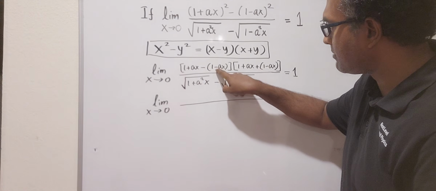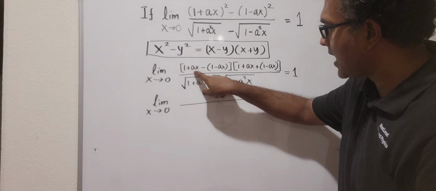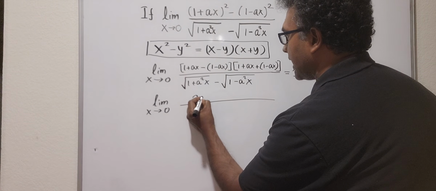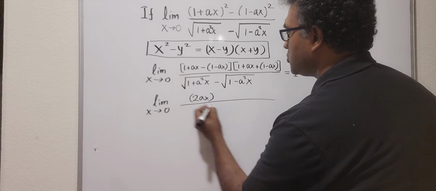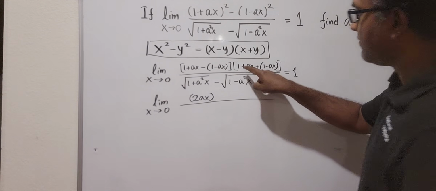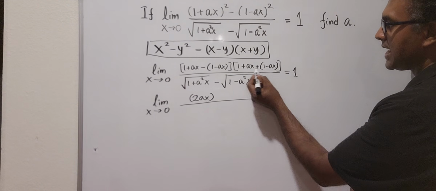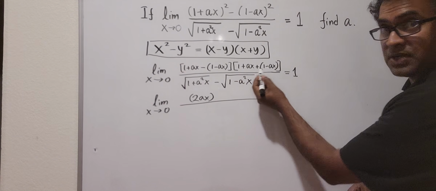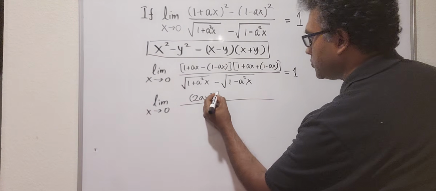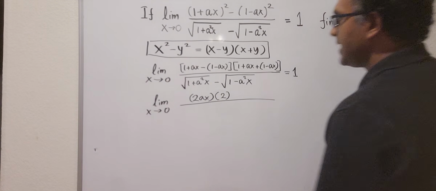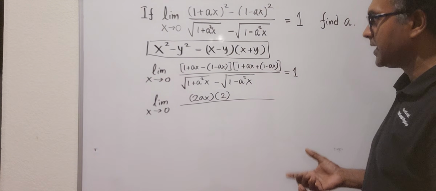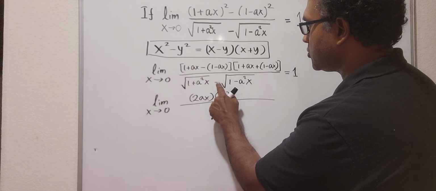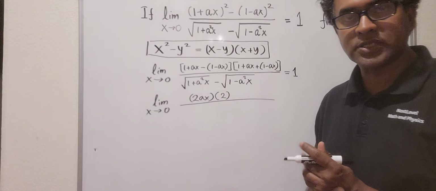And then minus and minus, that's plus, so I'll have 2 times ax. And then from here, plus ax and minus ax will cancel out. I'll have just 1 plus 1, which is going to be just 2. And that's the numerator.